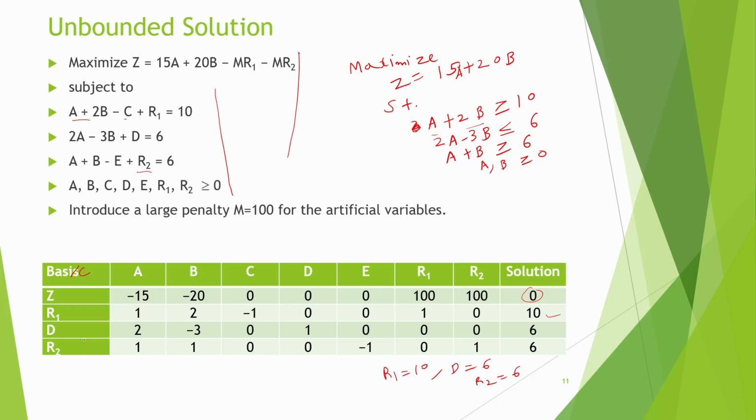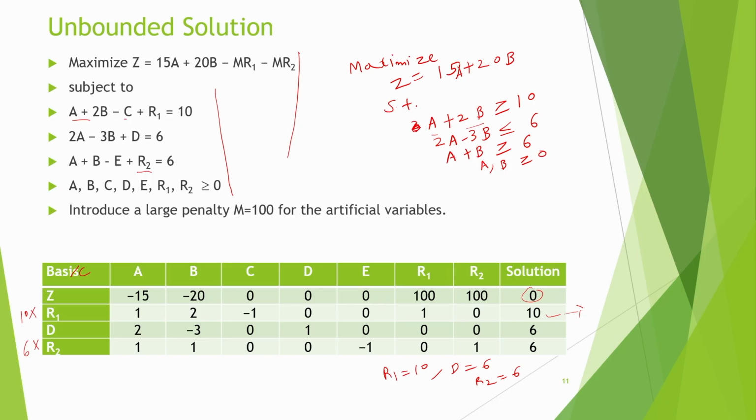So what we have to do is multiply R1 by 15 and add in this, and similarly multiply this one. Similarly multiply R2 by this one. R1 is equal to 10 basically, so you can multiply this row by 10. And R2 is equal to 6, so you can multiply it by 6 and add in that.